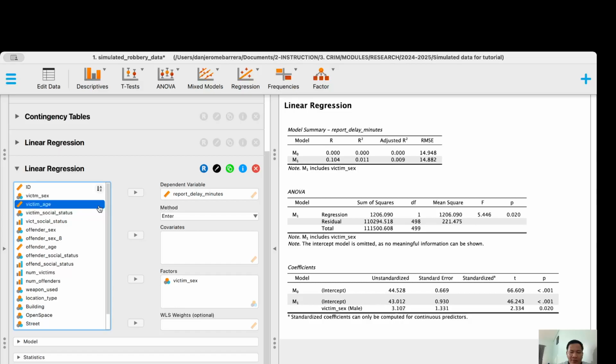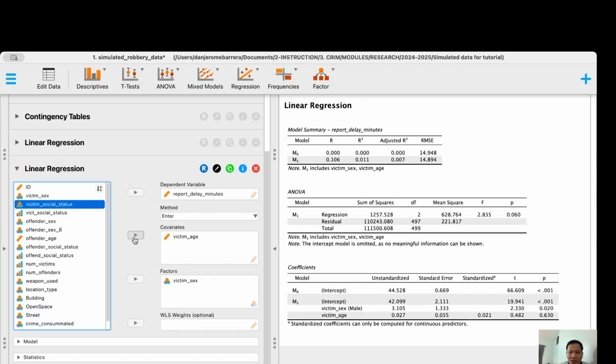So click victim's age and add it in the covariates section. Now let's go to the coefficients table and look at the victim's age. With the victim's age, the coefficient is 0.027. It is positive, so there is a positive relationship between victim's age and reporting delay.